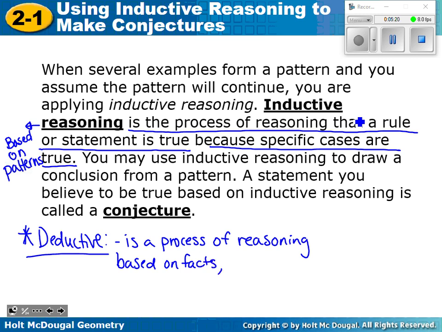Meaning it could be based on theorems, definitions, postulates, very good, etc. So it's rules. For example, our new tardy policy says that if you are tardy twice, the first time's a warning, the second time, what's going to happen to you? Lunch detention. You don't have to wait to see if that happens. That's the rule.